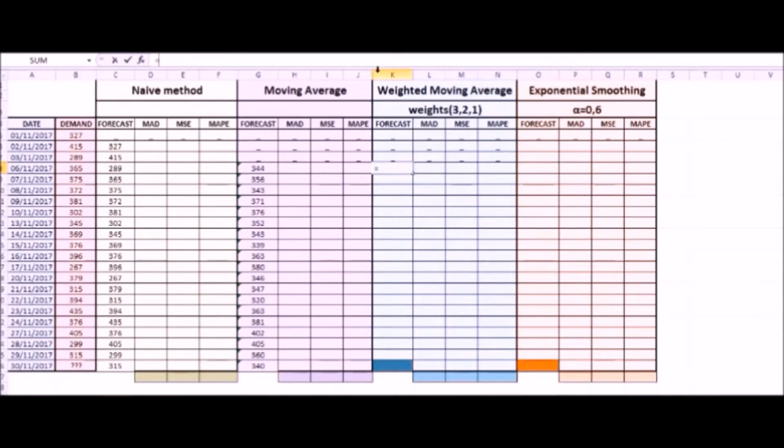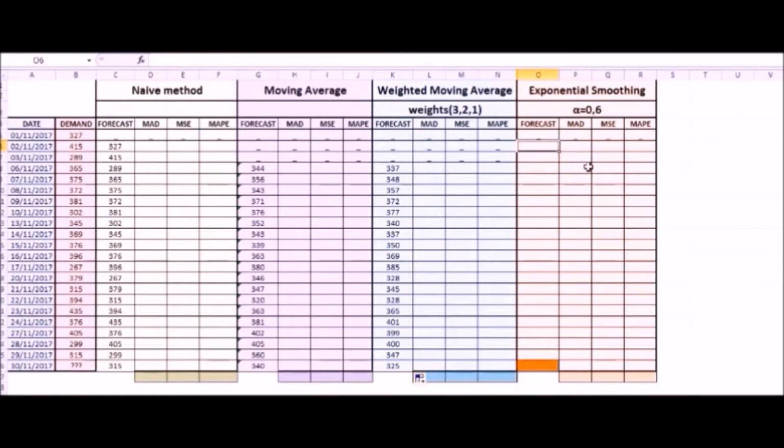In that manner, the first forecast will be calculated as follows: 3 times 289 plus 2 times 415 plus 1 times 327 over 3 plus 2 plus 1, which equals 6. And so on.